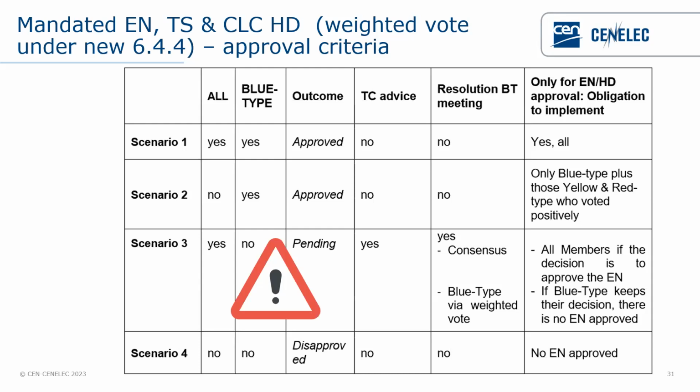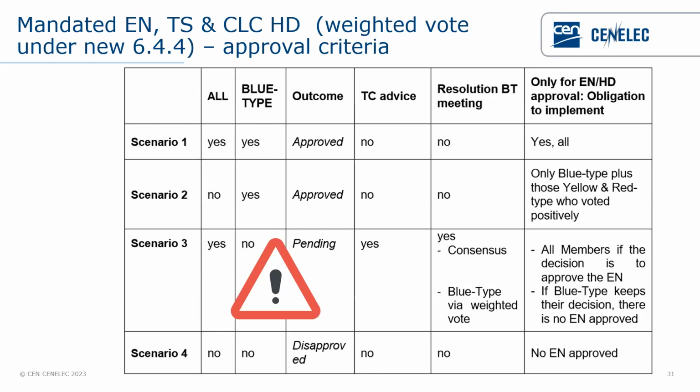At the moment, let's leave the last column, the obligation to implement, for the end. So it is approved, there is nothing to do. The technical body can go ahead with either seeing the comments after inquiry or proceeding to publication.